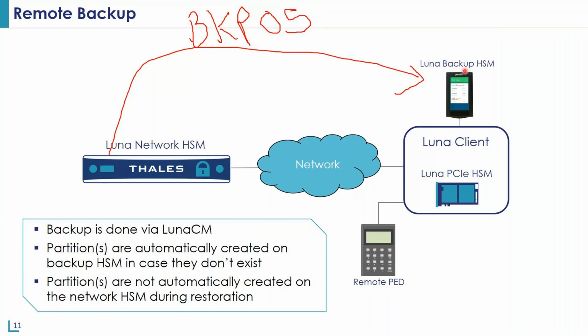It will automatically create a new partition for you with the name BKP05. So at the time of restoring, when you restore the content from the backup HSM to the network HSM, this partition on your Luna network HSMs, for example, if we have to store the content on the Nathan partition, that Nathan partition needs to be created and initialized. The crypto officer needs to be present on this partition in order to do a restore.